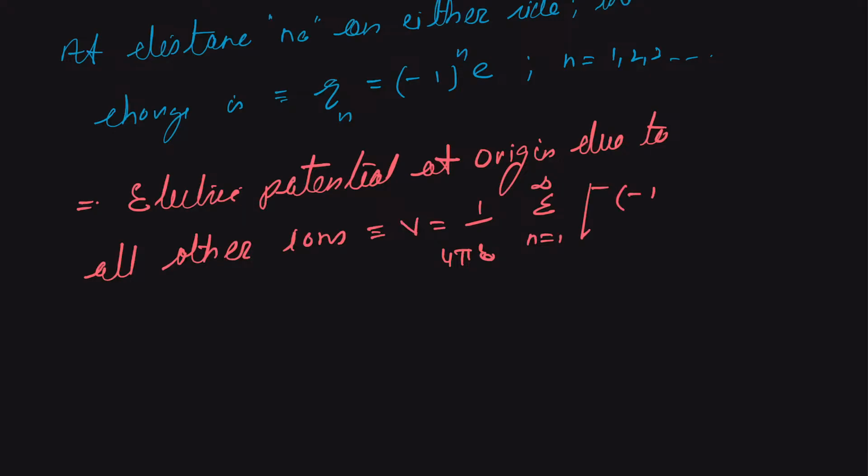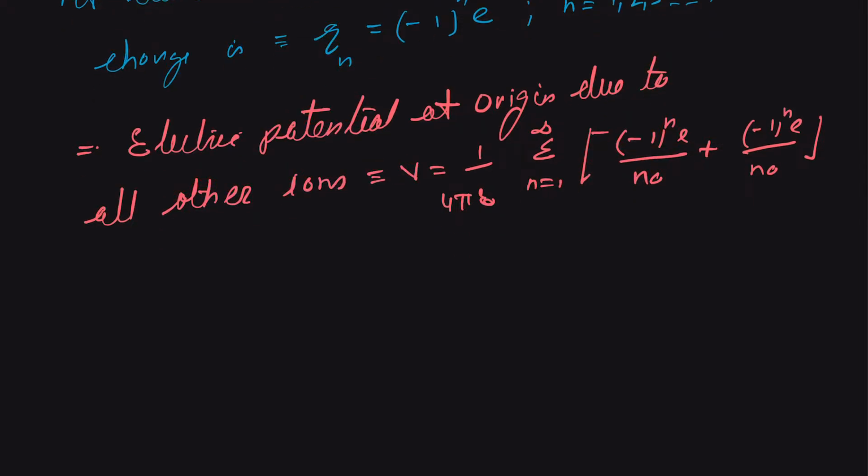So this will be minus 1 raised to power n times E upon nA, because this is symmetric left and right with respect to origin.